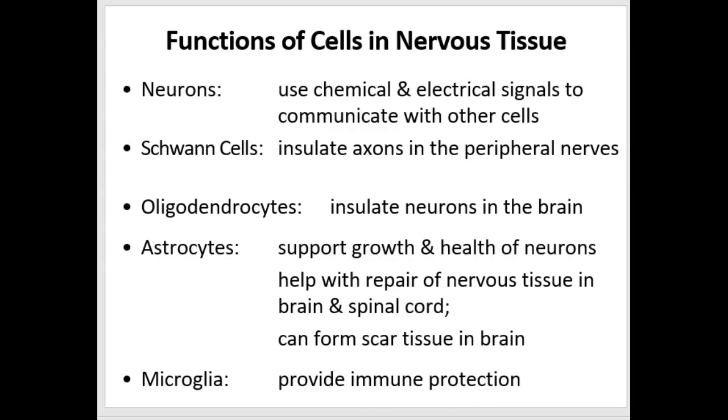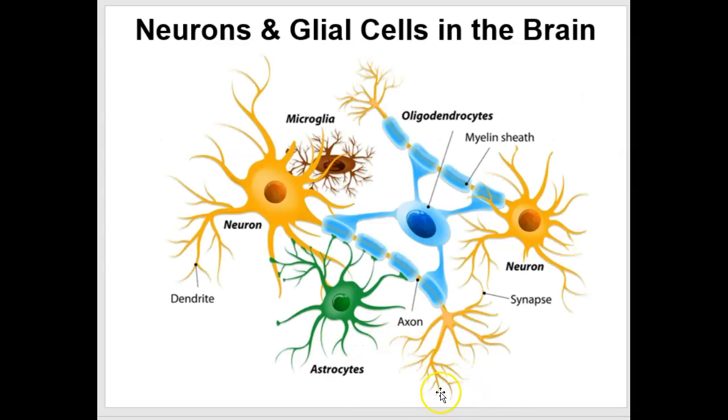So I just wanted to show you a little difference between oligodendrocytes and Schwann cells, as well as a little bit about the difference in structure of all these glial cells. You're not responsible for identifying these different cell types, but I thought I would show you a schematic diagram so that you can see that they are actually different in structure. So the yellow cells are neurons in this picture.